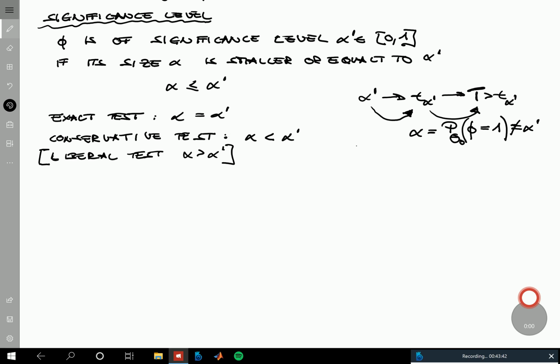For example, think about the idea that if you look up the corresponding t-value, so let's say you have a table.